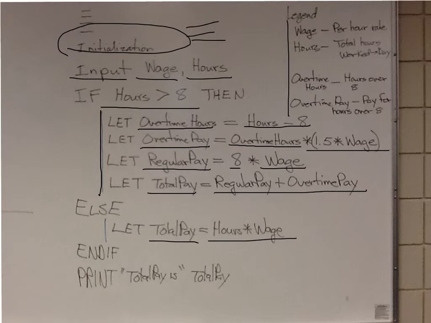If this statement is false, then it comes down here to the else. If it's true, if this statement's true, then it goes right to the next set of lines.